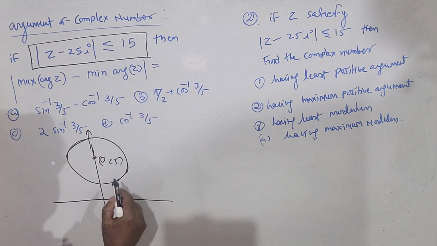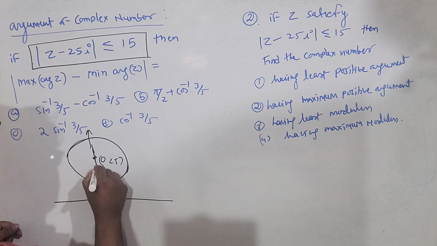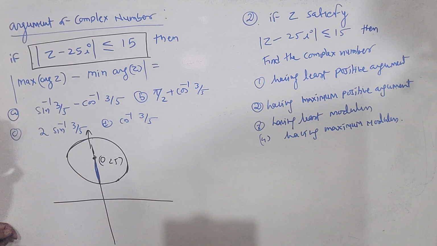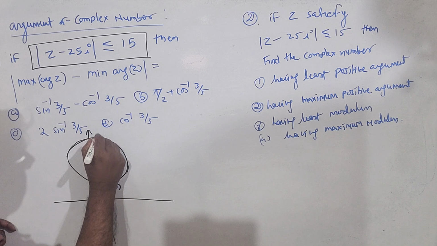Radius is 15 means this distance is 15. If this distance is 15 and this whole distance is 25, therefore this is (0, 10) and this is (0, 40).